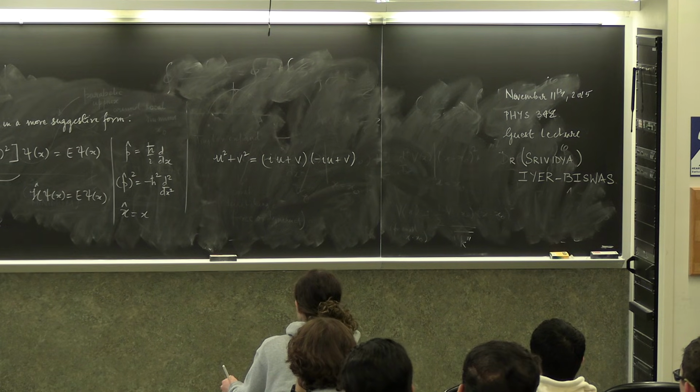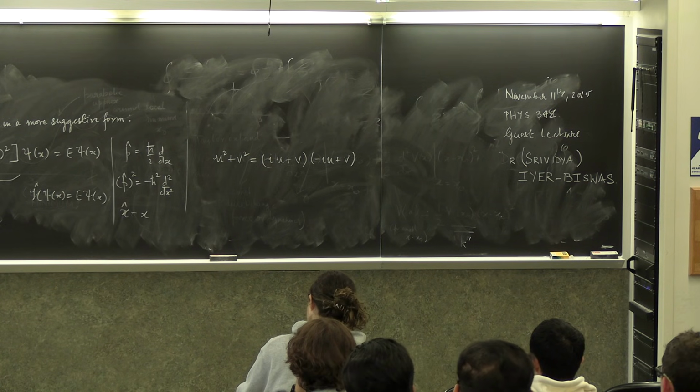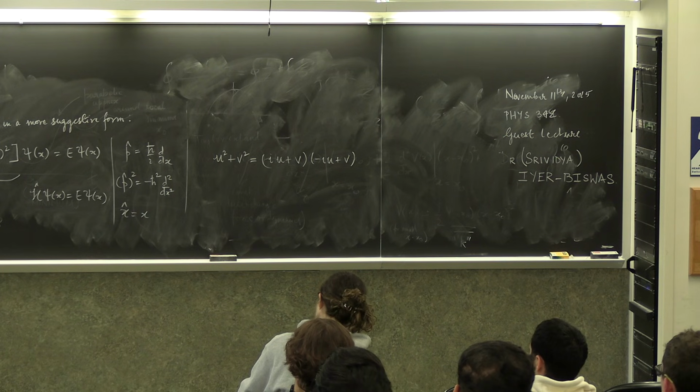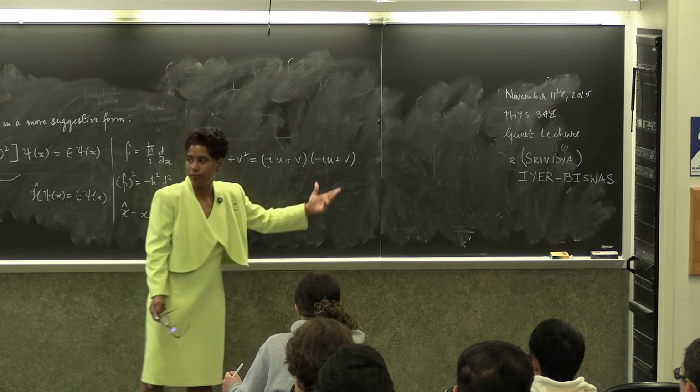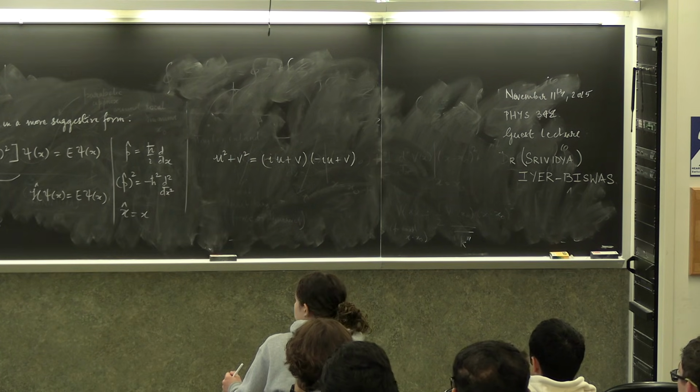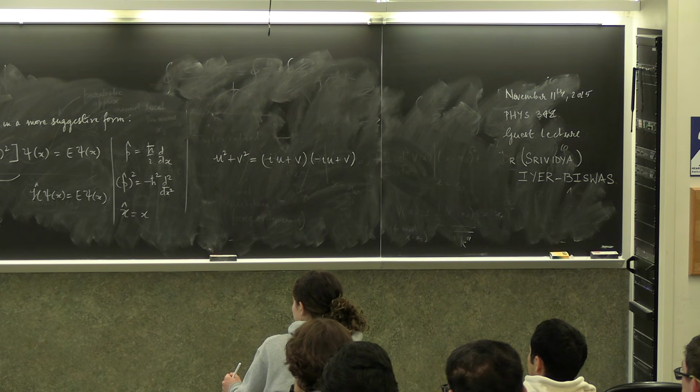In that spirit, we will attempt to factorize the Hamiltonian. But can we do that, given that p and x are operators and may not elegantly allow us to write it in this kind of neat factorized form? That's the question. So take a deep breath, because that's what we are going to do for the next several minutes: attempt to factorize this Hamiltonian in the spirit of that algebraic identity.